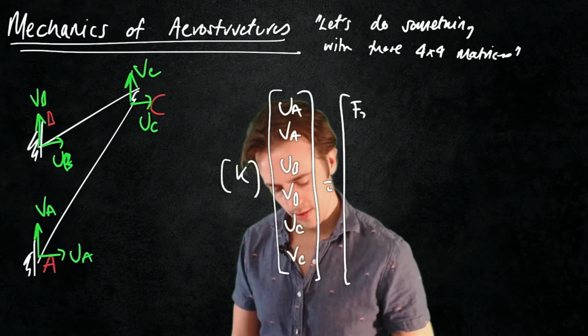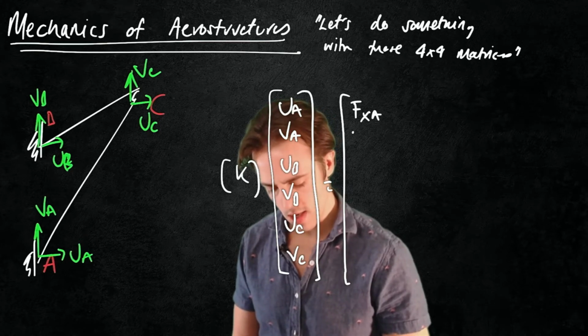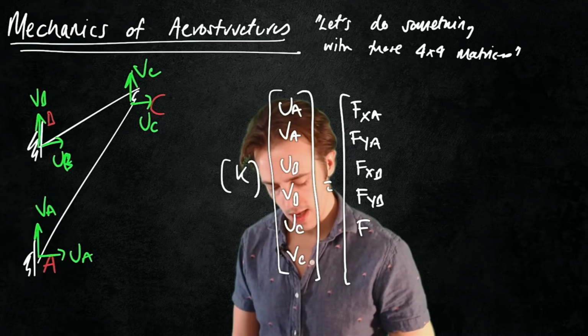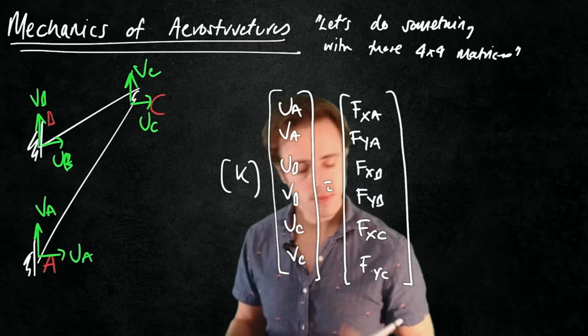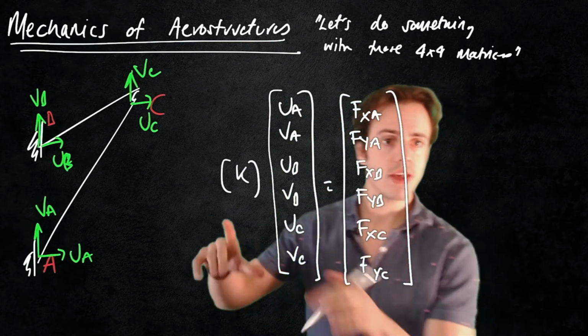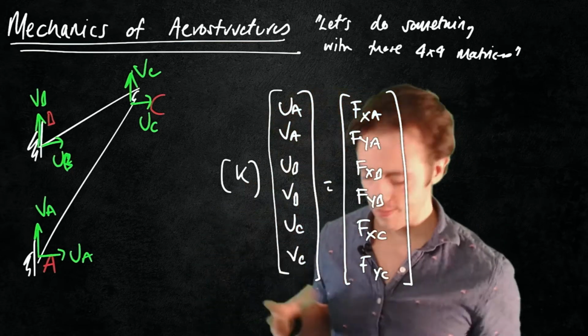These should be uppercase: FXA, FYA, FXB, FYB, FXC, and FYC. So at the moment we can create some 4x4 matrices, and somehow these need to go into this big matrix here.